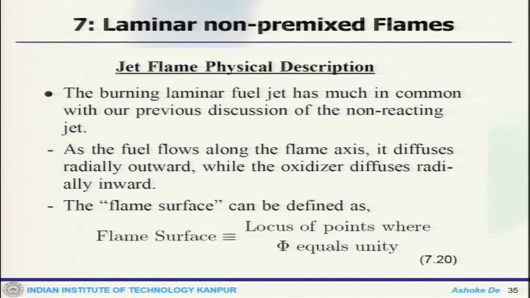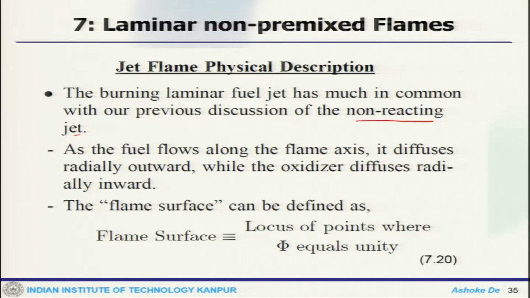Now, once we do this, we can look at the jet flame behavior. So, now the burning laminar fuel jet is quite similar to the discussion that we have done for the non-reacting jet. And to get into this burning jet, we have first looked at how the jet flows look, how the central line velocity profile changes and all these characteristics.